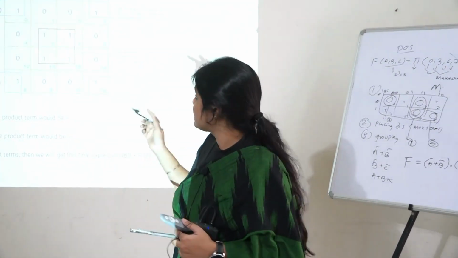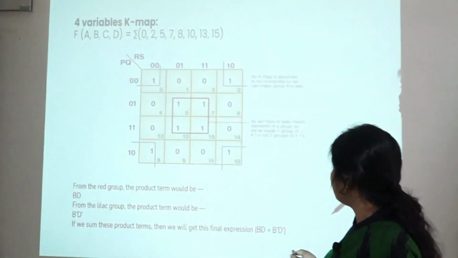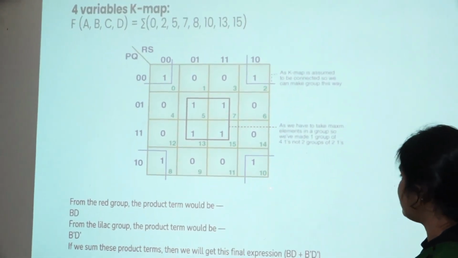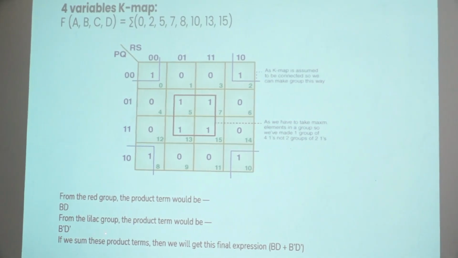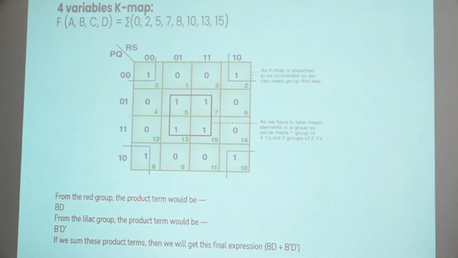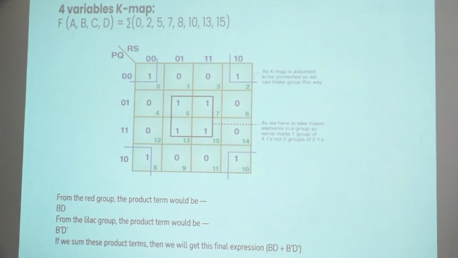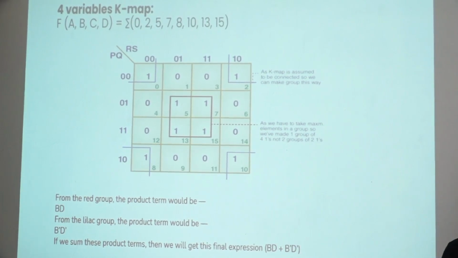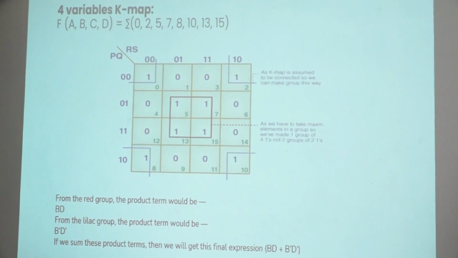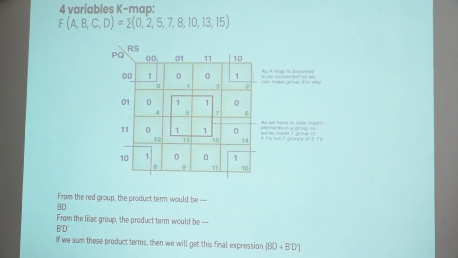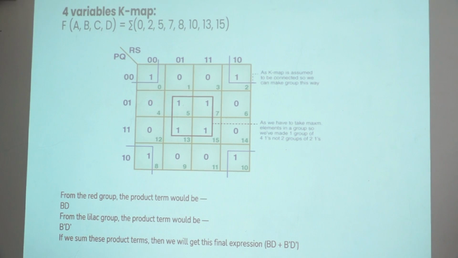Quad of which cells? Quad of 0, 2, 8 and 10, and this particular quad will give you the output as B bar D bar. So as this is SOP, I am summing these two product terms. Are you all clear, guys? So this is how I do grouping and reduce the given Boolean function using K-maps.